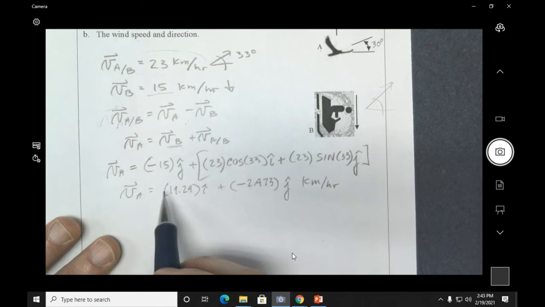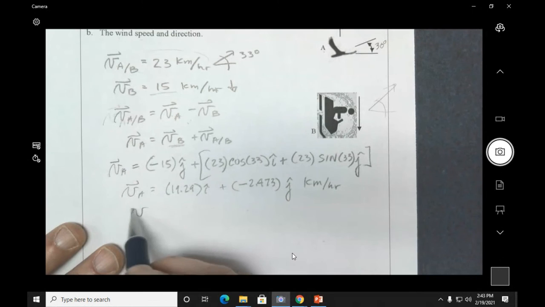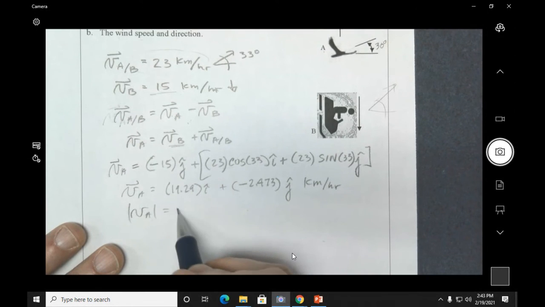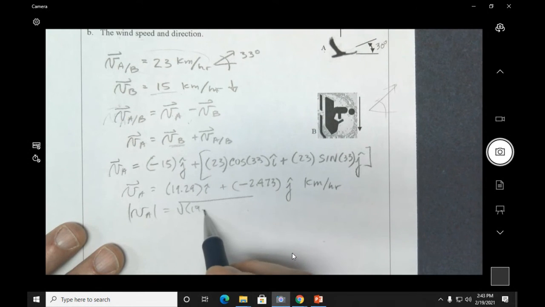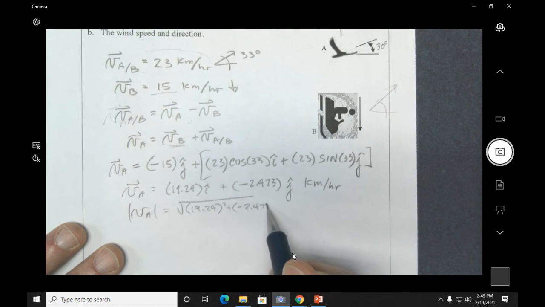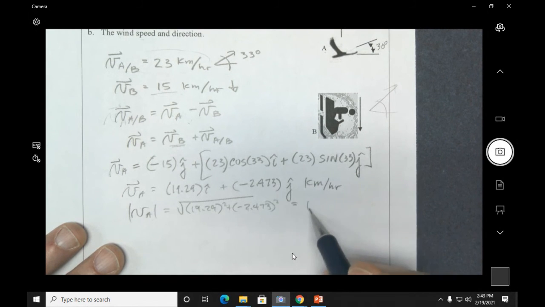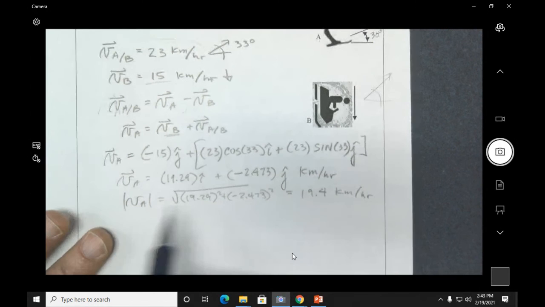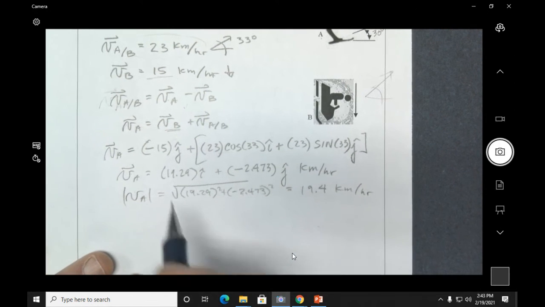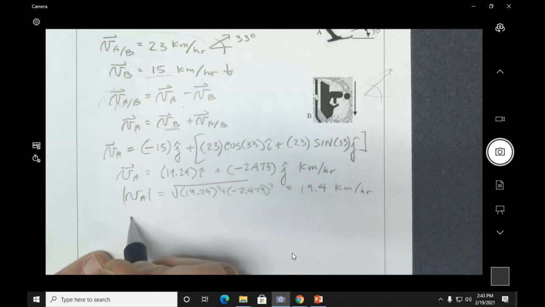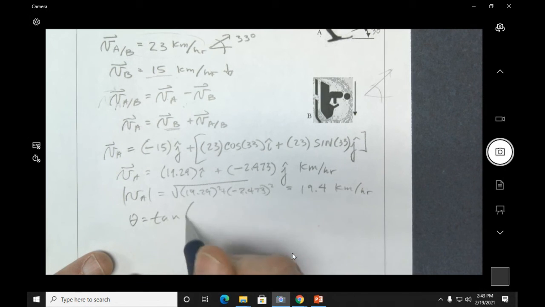It'd be good to know what the direction of this is going to be, so we find the magnitude and direction. We get 19.4. I wish there were more sig figs here, but they didn't write it down. My good friend, Dr. Alicia Garcia, didn't write that down. And then the angle is just going to be the inverse tangent.